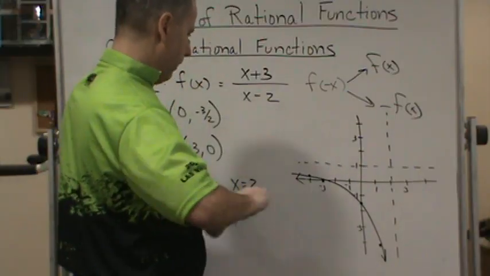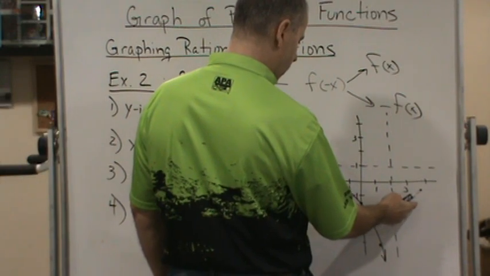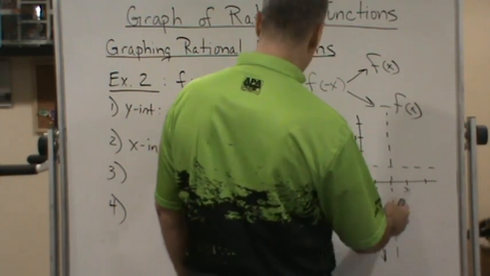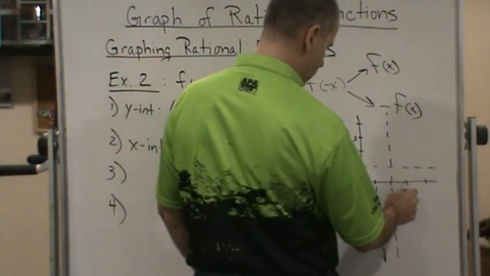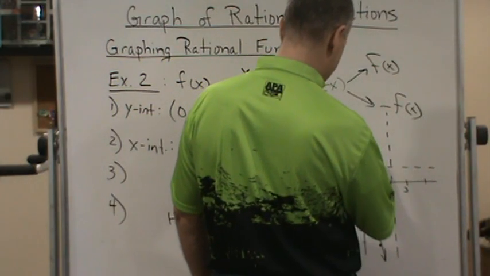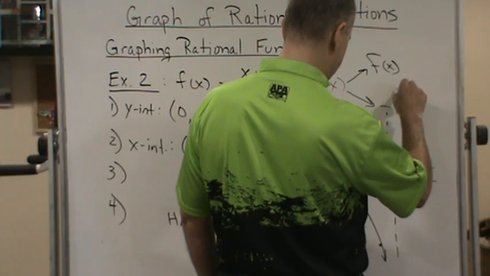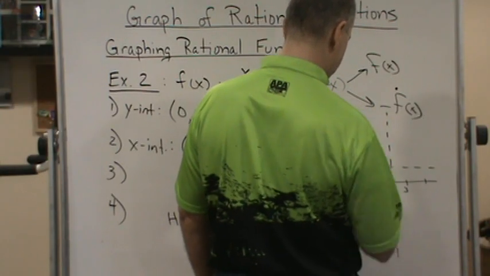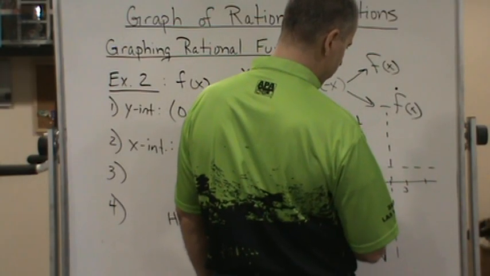So when it's 3, it's going to be 6. So 3 and 6, that's going to be way up here, maybe up here somewhere. So now we know it's in this quadrant.